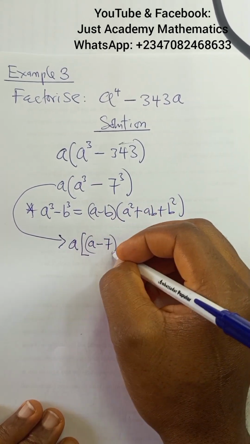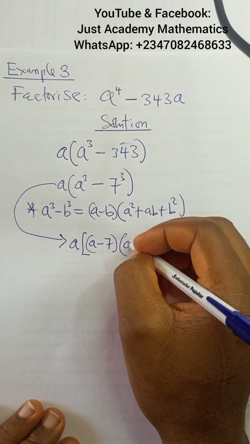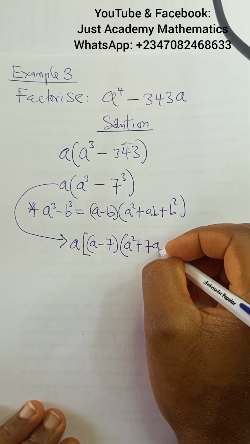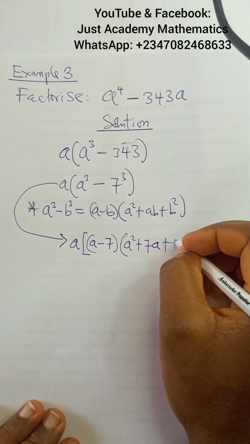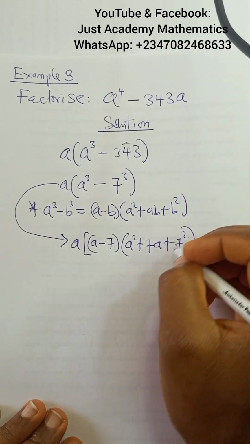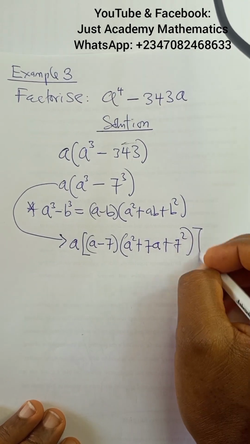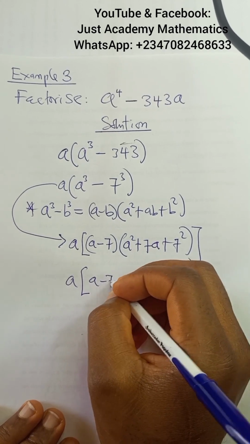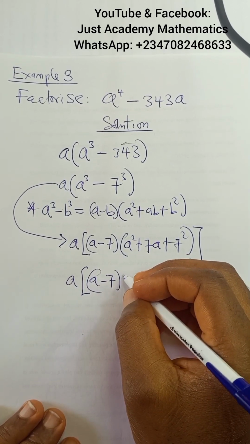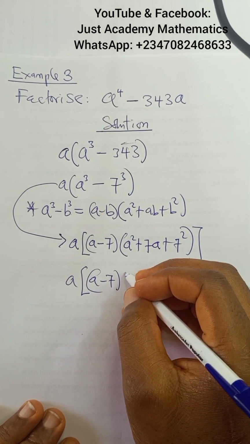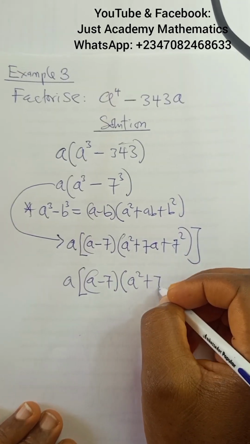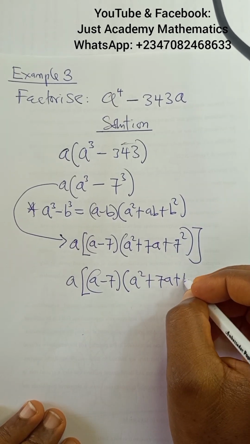A minus 7 bracket A square plus 7A plus 7 square. So we have A bracket A minus 7 times A square plus 7A plus 49.